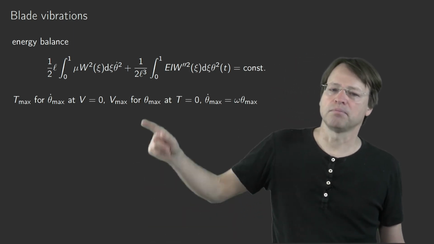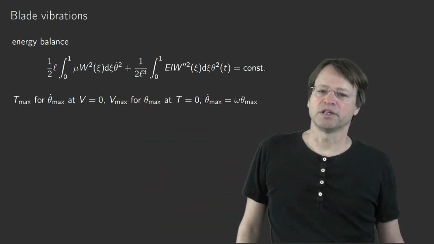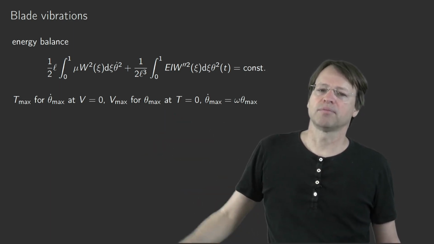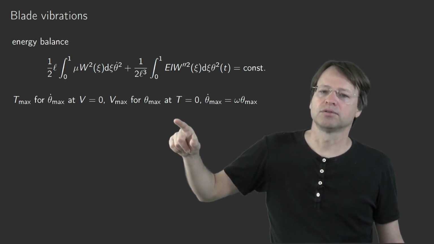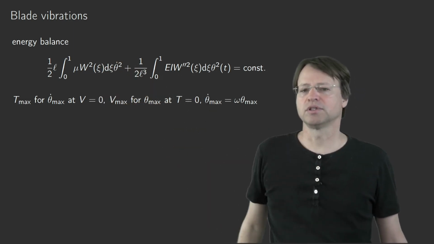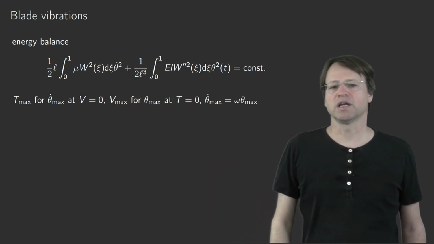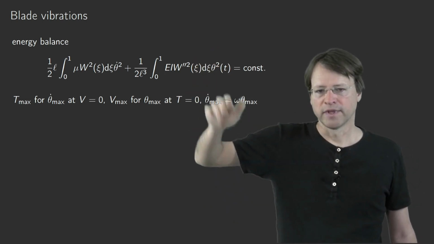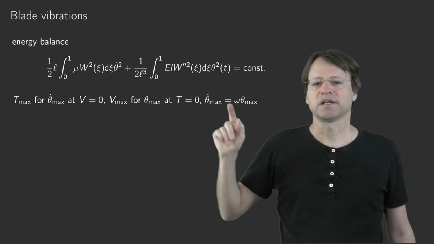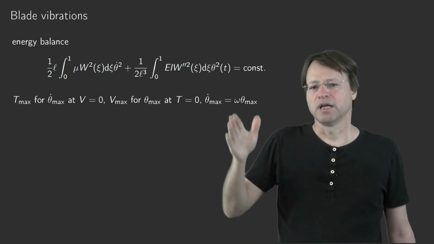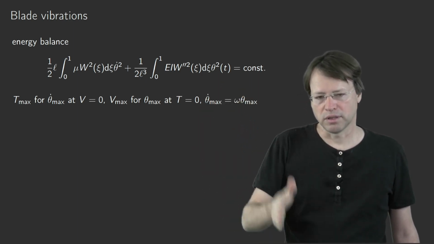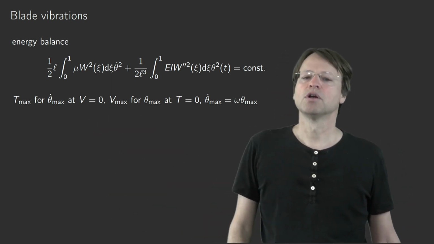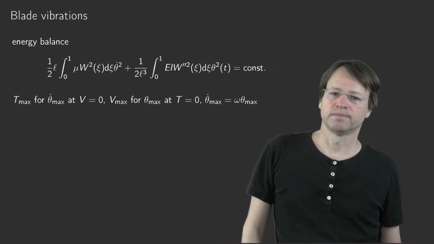We would obtain the maximum of the potential energy for theta max, and that would happen at T equal to 0, where kinetic energy is equal to 0, which would be the minimum of the kinetic energy. It's like for the pendulum. You have the turning points where you have a maximum of the potential energy, and then you have the case that the potential energy is 0, and there you would have the maximum of kinetic energy.